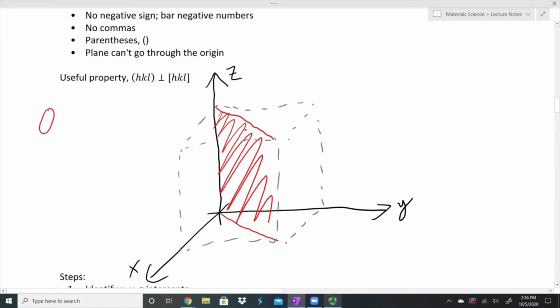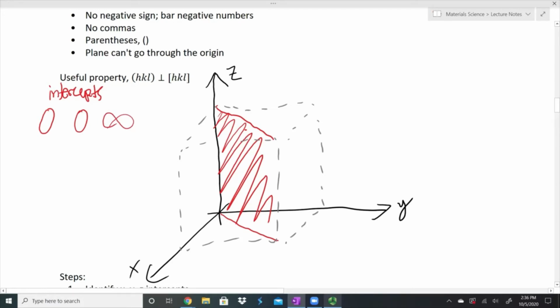These are my intercepts that I'm finding. It goes through my y-axis, again at 0. And it goes through my z everywhere. So this is going to be infinity.